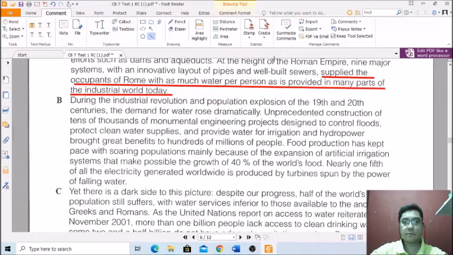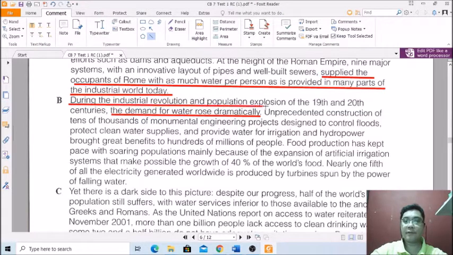Okay, so in this paragraph, we can have the main message that the demand of water rose dramatically during the industrial revolution and population explosion. And it says that we have more construction being done and how to control floods, protect clean water supplies, and then also irrigation, hydropower brought great benefits to other people.